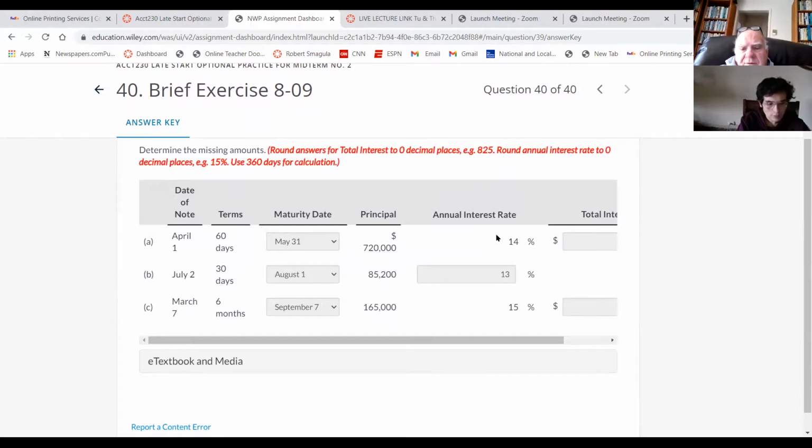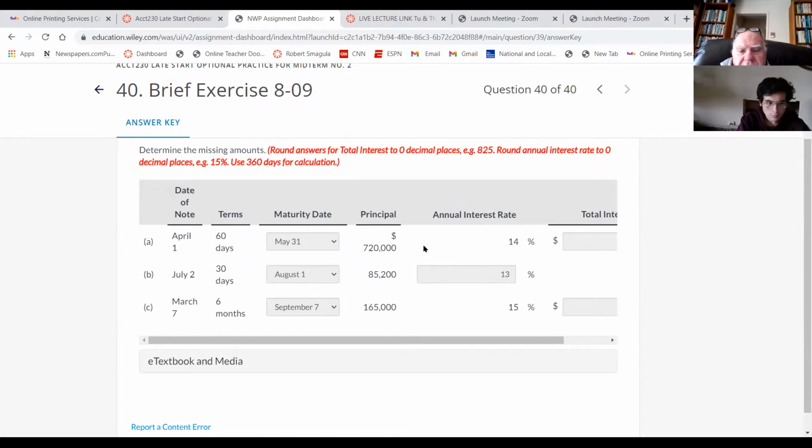Yes. Times 14%, which is for a year. You divide it by 6 to get it back to 2 months. Or you can take 720,000 times 14%, divide it by 12 and multiply by 2, because this is a 2-month note.